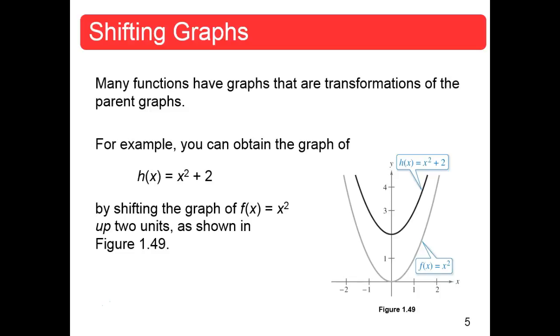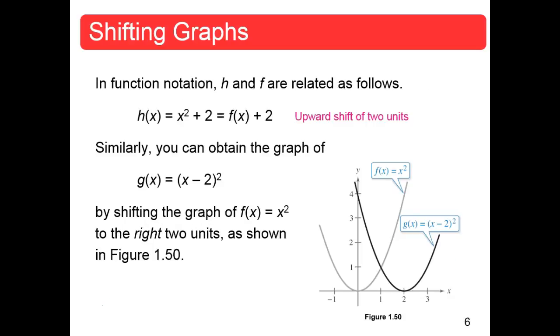It moves it in bulk, keeping the shape just like it is. Does that make sense? All right. So what we did, h of x was the parent function x squared, which is alpha of x, plus 2. So we took the alpha of x and shifted it up 2 units. Every point, point by point, we moved up 2 units.